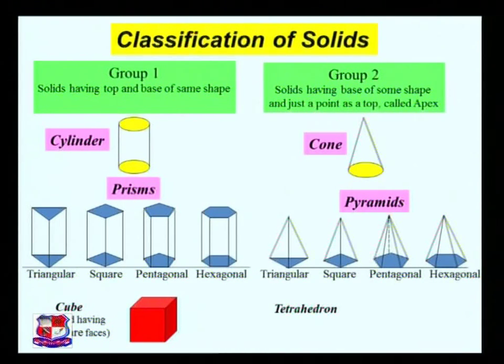Similarly, tetrahedron. Tetrahedron means which solid? It's a solid having 4 triangular faces like this, and all triangular faces are of equal sides and equal area. All are equilateral triangles. That is called a tetrahedron.